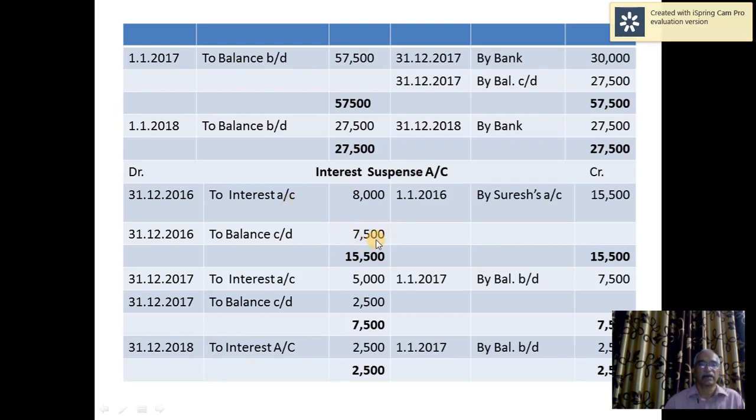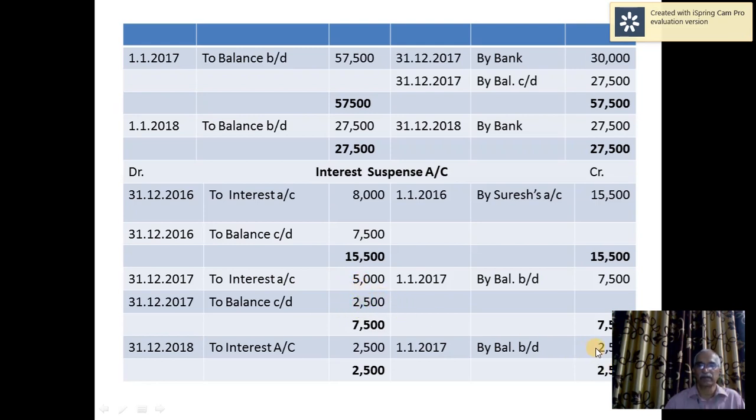As a result, the balance in interest suspense account is 7,500, and that is brought down at the beginning of second year, that is 7,500. Of that, second year interest is transferred to interest account, 5,000. So the balance is 2,500.